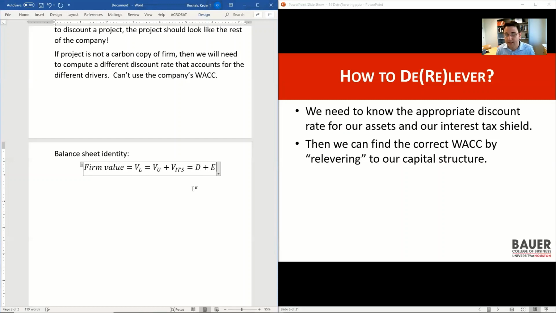So the value of the debt and the value of the equity is driven by the value of the operations and the value of the tax shields. We start with this balance sheet identity, and now we're going to rewrite things in terms of returns.